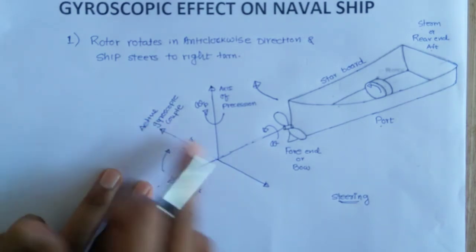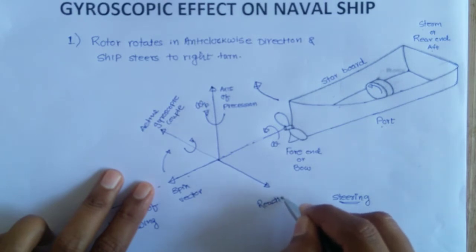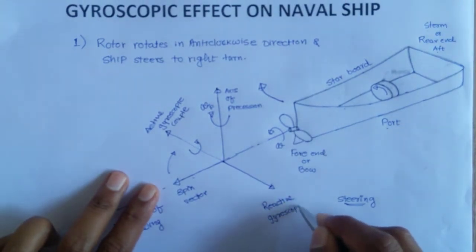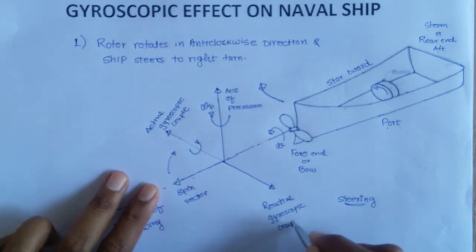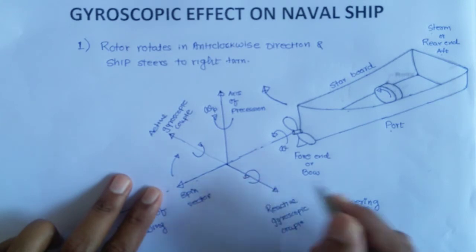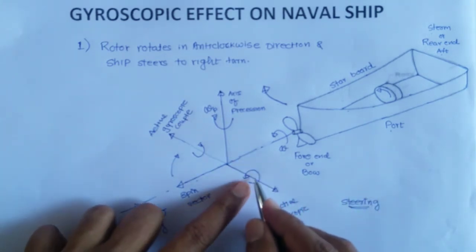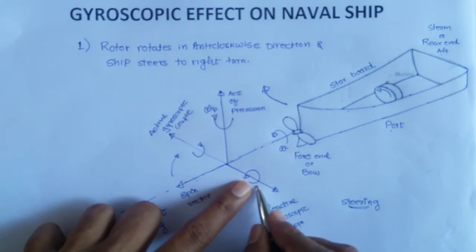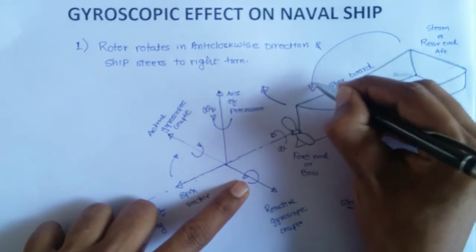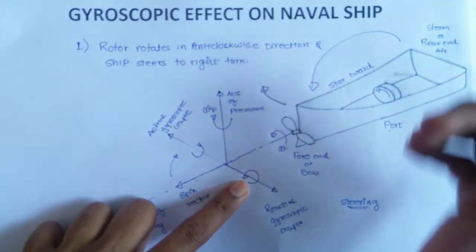This is the active gyroscopic couple and this is our reactive gyroscopic couple, and this is the sense of rotation. Now if we transfer this effect of the reactive gyroscopic couple to the ship, this is the effect in this direction.